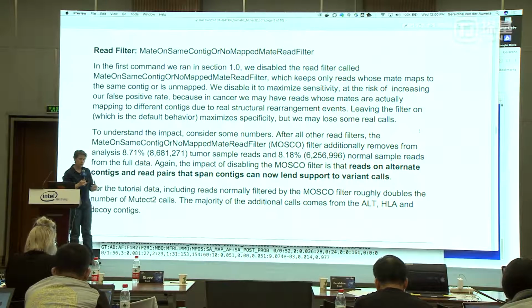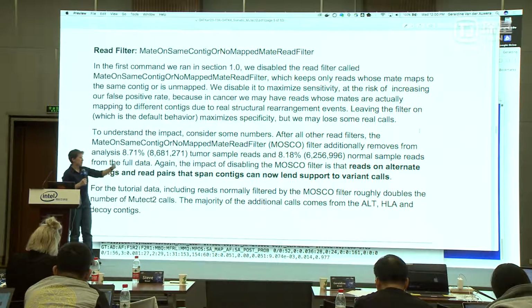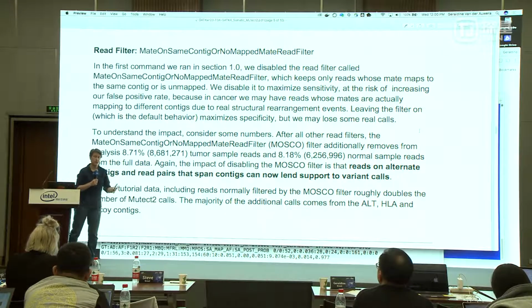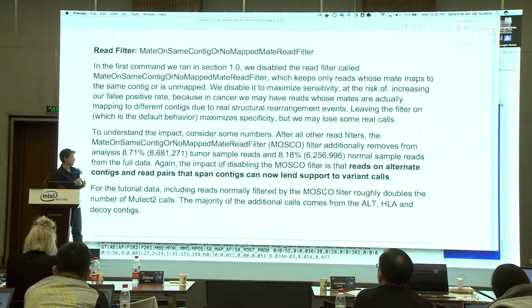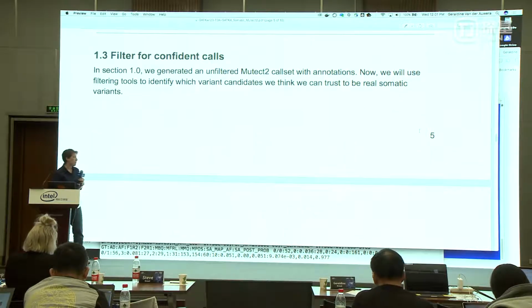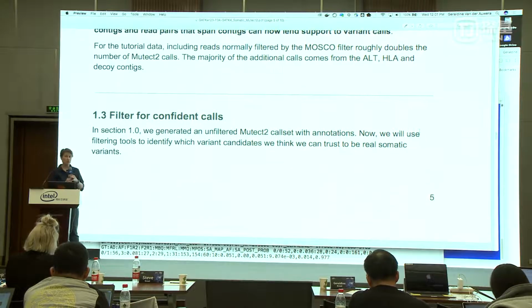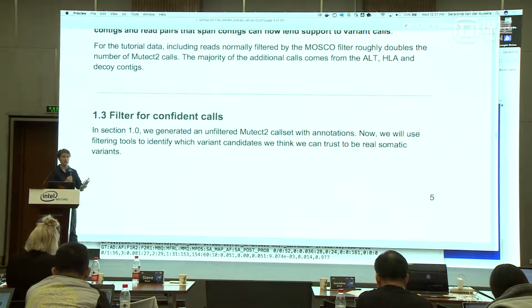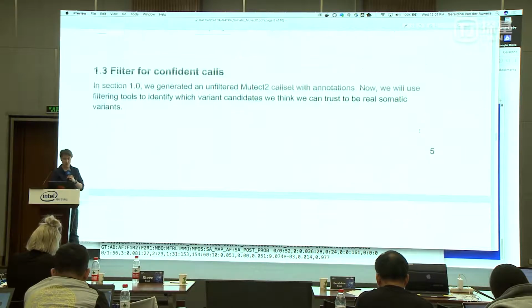So in terms of the tutorial, we just wanted to give you that information: while the production pipeline has this read filter activated, it's something interesting to look at in your analysis, and you should potentially make improvements. Okay? All right. Any questions about that? No? All right. So let's actually filter our call sets and then look at what comes out of it.